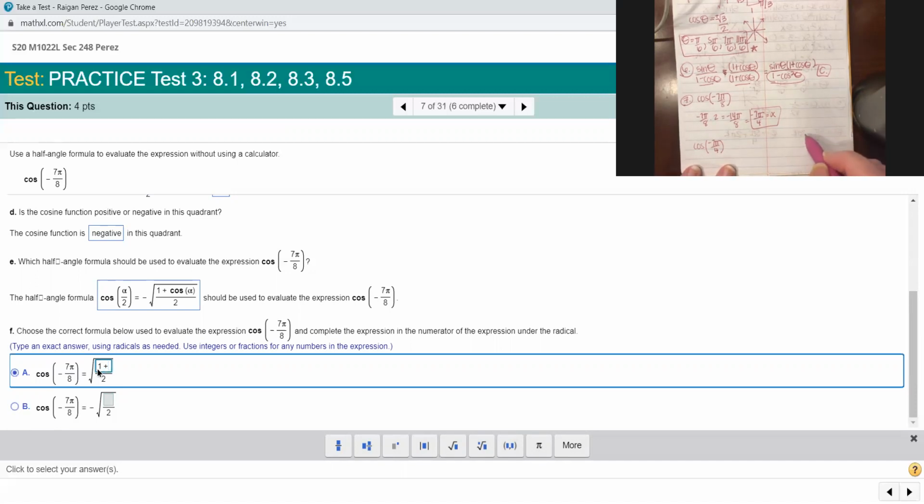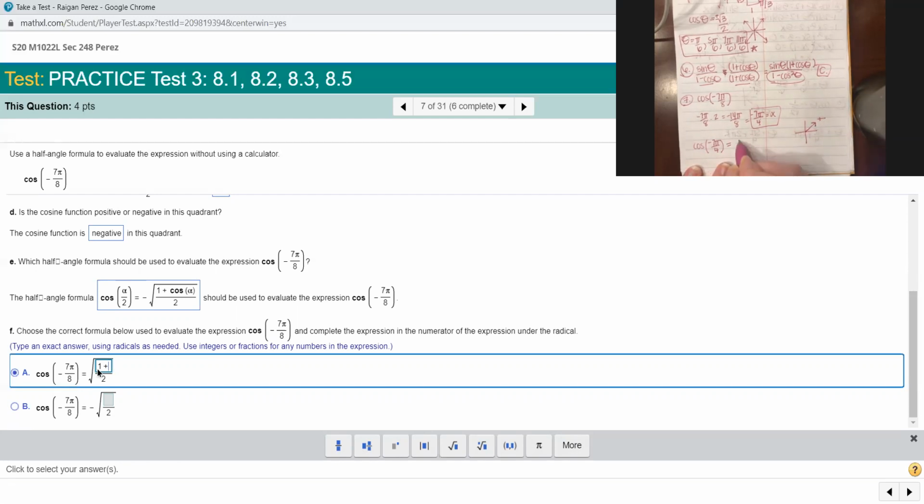So cosine negative 7 pi over 4 would be going down. So it would be almost all the way back around. So it would be here. Hang on, negative 7 over 8 is actually, okay, hang on. I'm just going to continue doing this so we can figure this. So it's positive, basically.